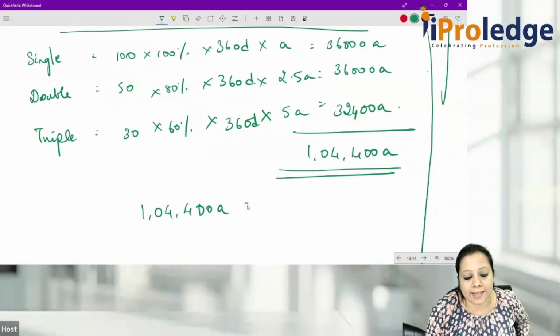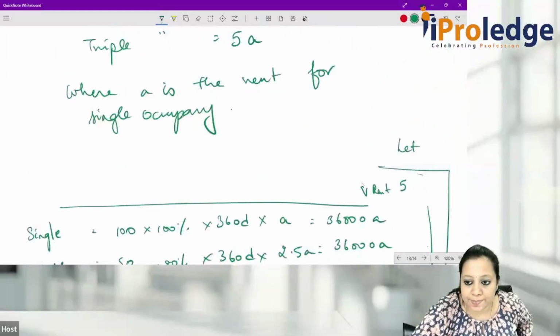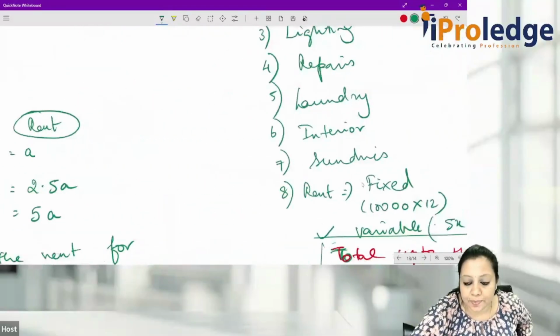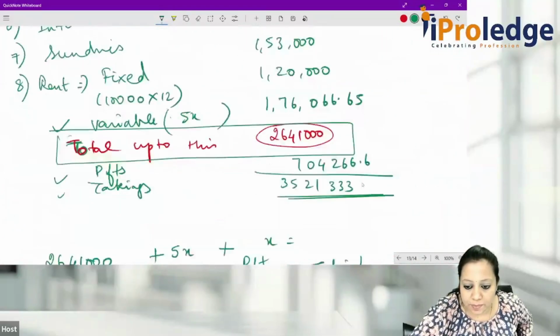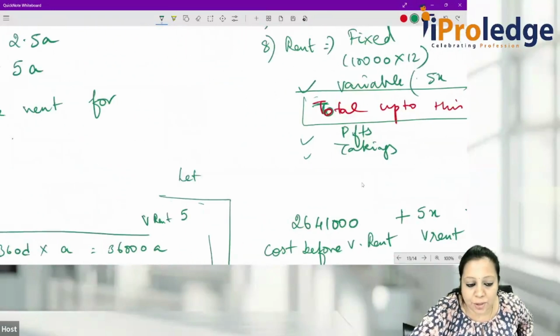104,400 A is equal to, what is the sales, ma? That is, I forgot the amount, students. 35,21,333.